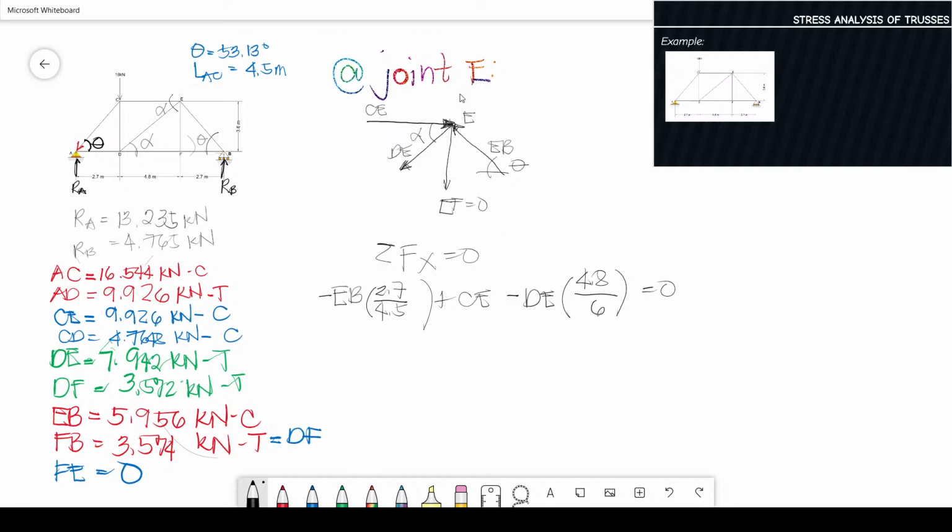So, by substitution, can we have the value equal to 0? Let's see. EB is 5.956. So, we'll start with negative 5.956 times 2.7 over 4.5 plus CE, which is 9.926, minus DE, which is 7.942, times 4.8 over 6.